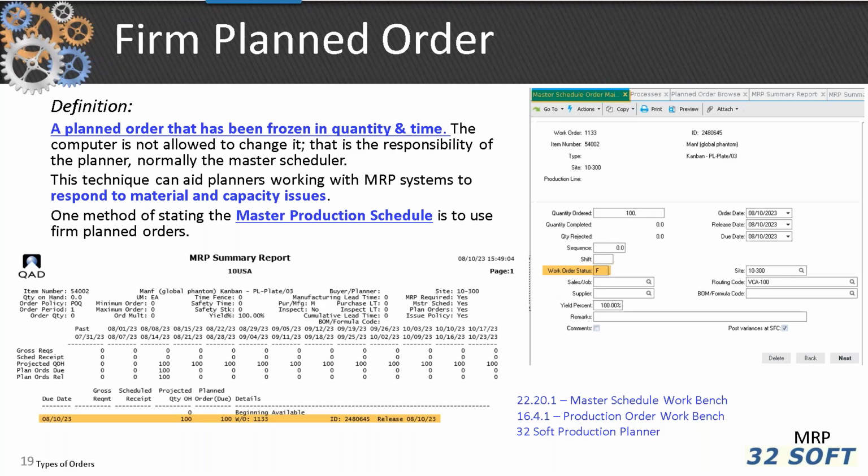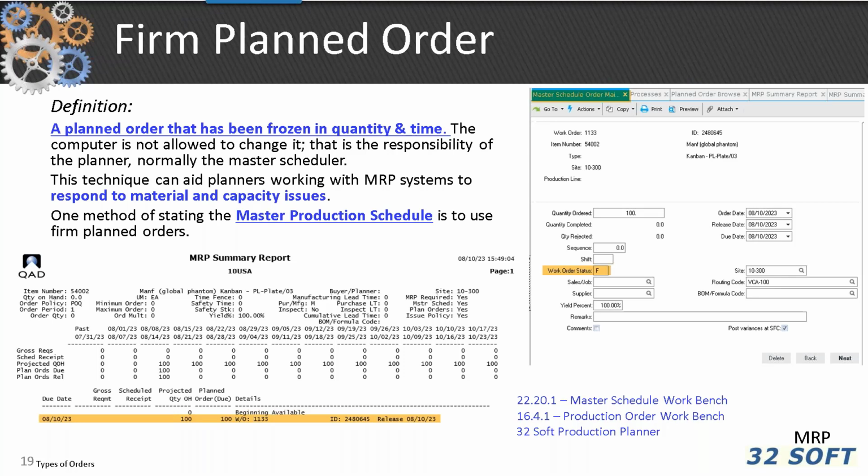The use of planned orders can aid planners in responding to material and capacity issues by modifying lead times, compressing lot sizes, or adjusting capacity. If you are not using 22.20 Master Schedule Workbench, 16.4.1 Production Order Workbench, or our 32 Soft Production Planner, you need to start using these.